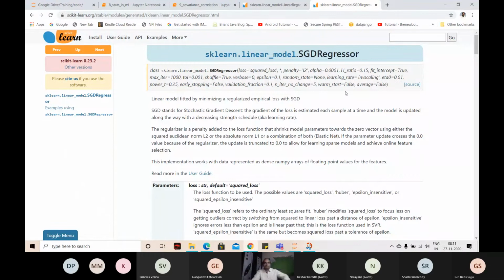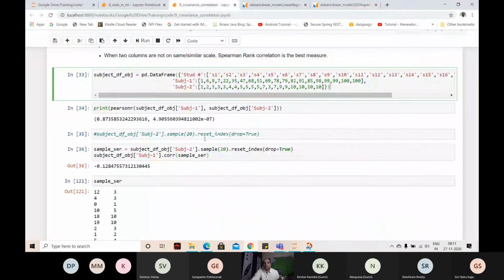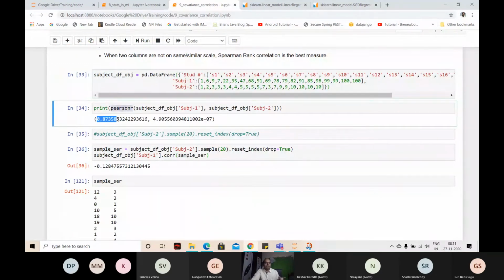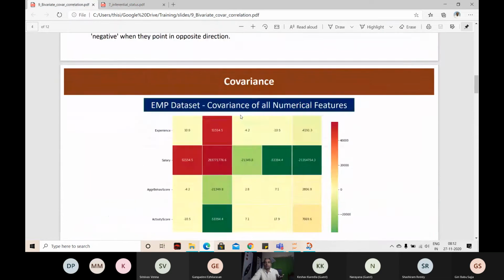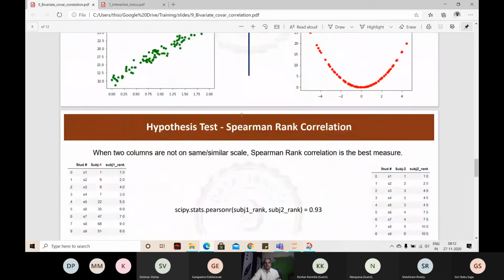That is purely a mathematical approach. No p-value, no statistics, because statistics is all about approximation. There is no guarantee. If you look at the correlation coefficient, I said that this number is not guaranteed when the relationship is non-linear. If you look at this theory, I said that the correlation coefficient will explain only linear relationship.